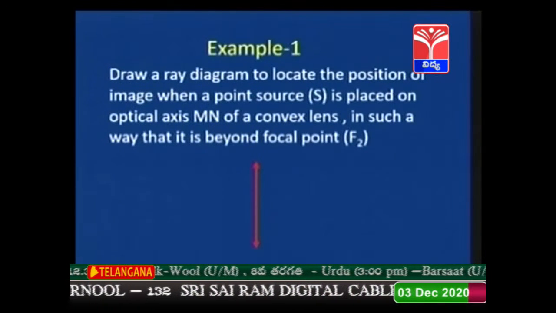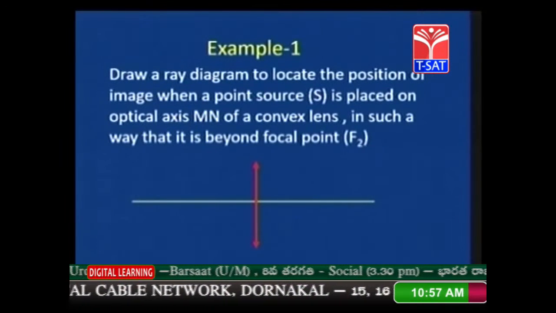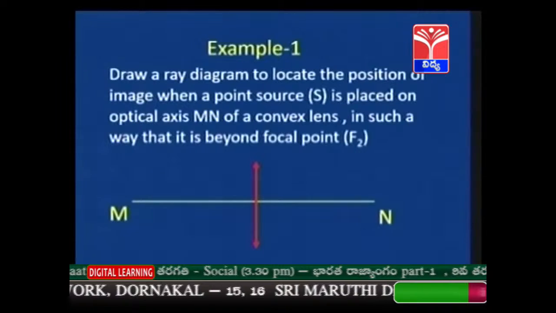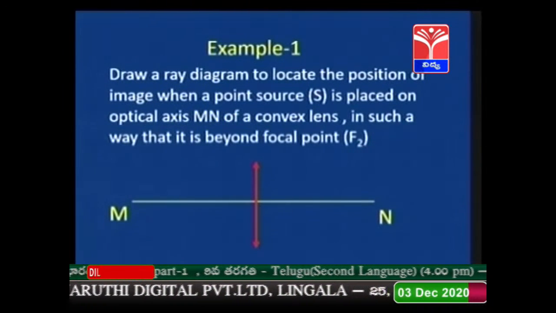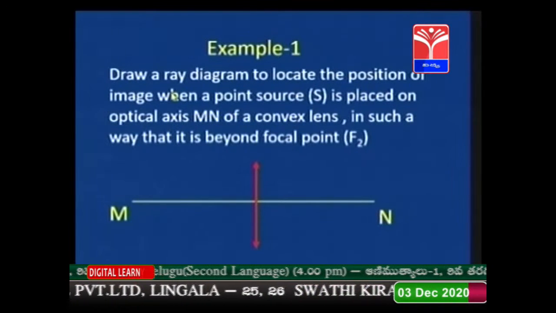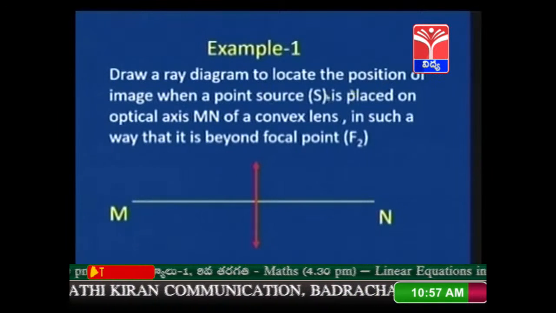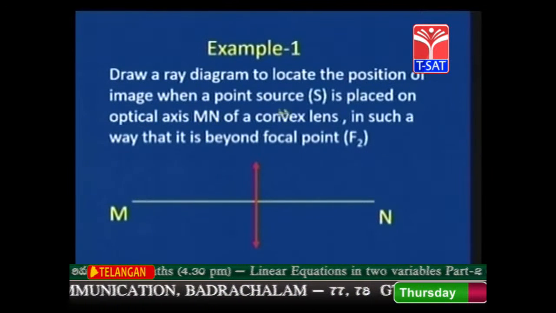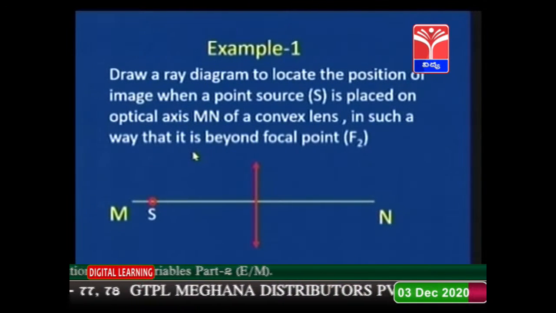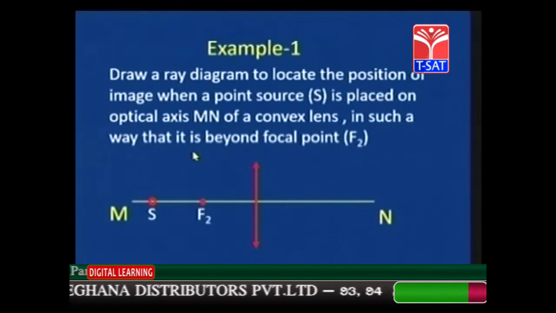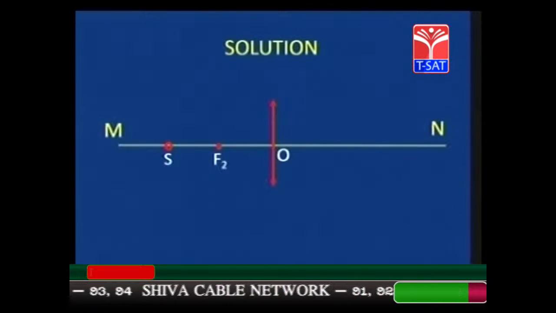Dear children, this is a convex lens and MN is the principal axis here. So in the question it is given, draw a ray diagram to locate the position of the image when a point source is placed on the optic axis. So this is the point source and focus. So this is the situation given in the problem.